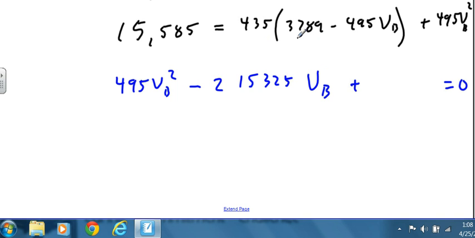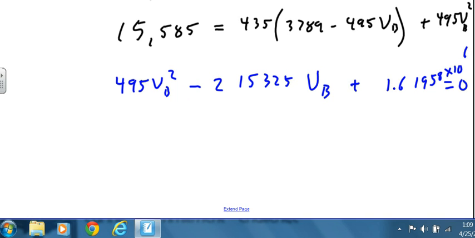So 435 times 3789 equals, subtract from that 15585. Okay, I got the right number, and I'm going to have 1.61958 times 10 to the 6th.